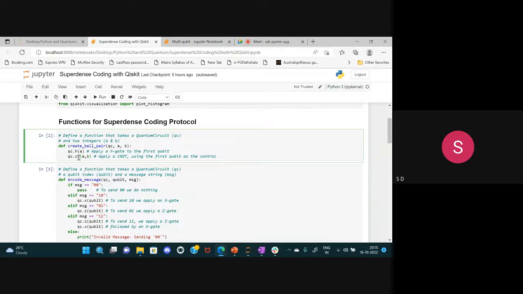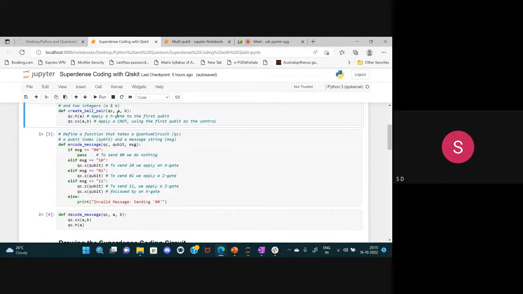QC is nothing but the name of the circuit, and A and B are just two arguments. A is the first qubit and B is the second qubit. A is for Alice and B is for Bob. And here we are creating the Bell pair.